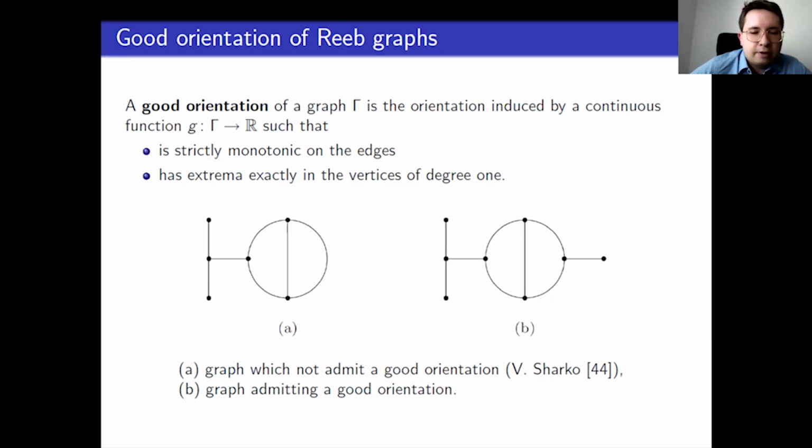And Michalak also showed that it is a specific orientation. There are graphs which do not admit it, like the one on the left. There are combinatorial issues which do not allow us to construct such a function. But if we add one edge, for example here, then such a graph can admit a good orientation. So this is one thing.